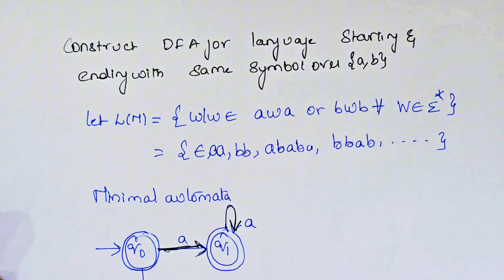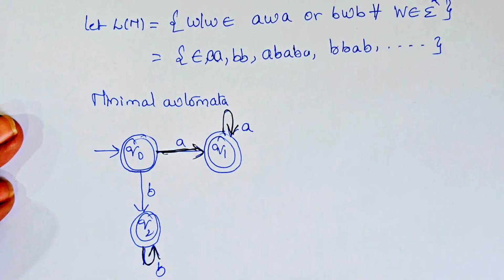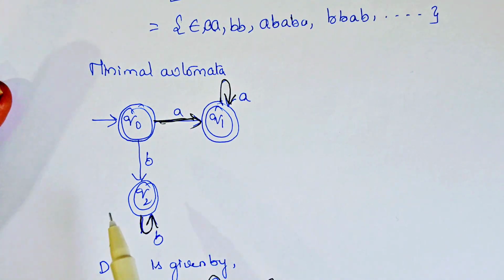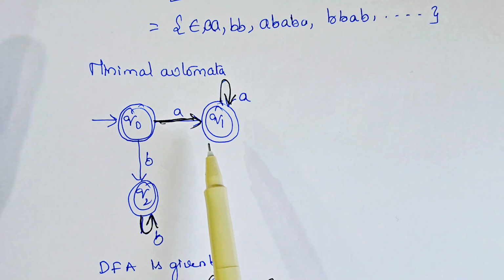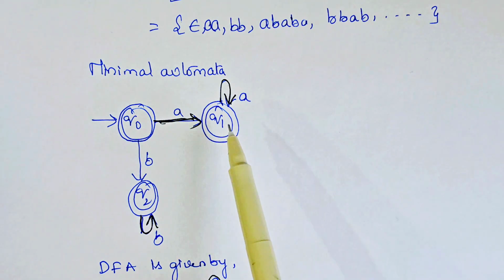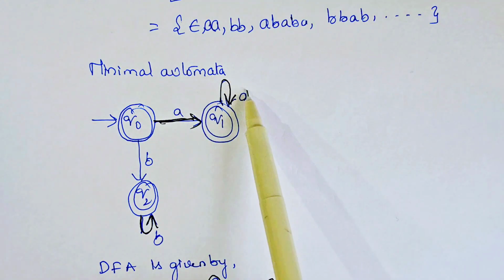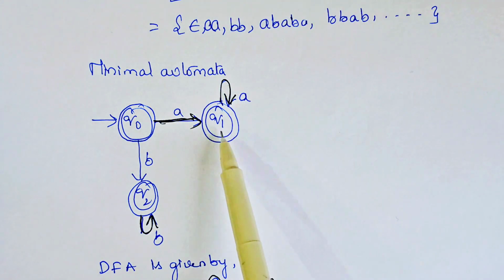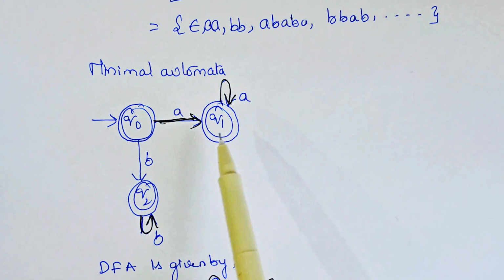Thus, the minimal automata for this language is given by, from the initial state Q0, on reading the first symbol as A, it is reaching the state Q1. Since the ending symbol should be the same symbol, Q1 on A is moving to the same state, with Q1 as a final state.